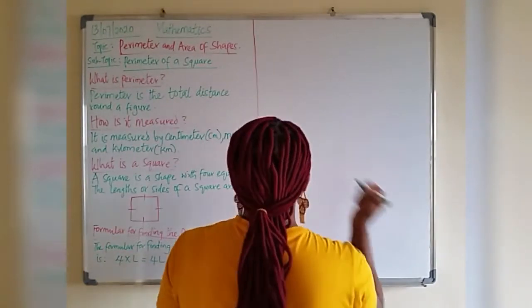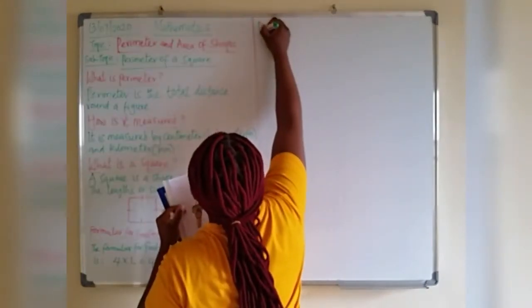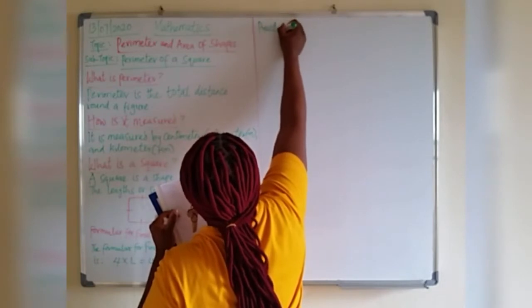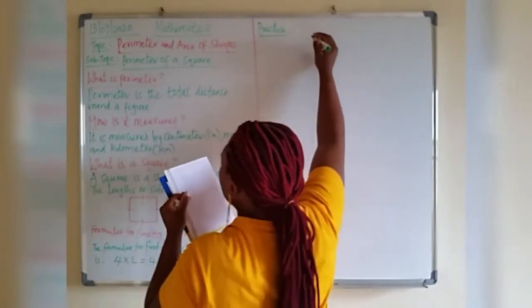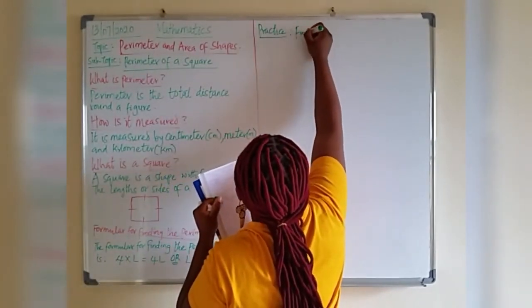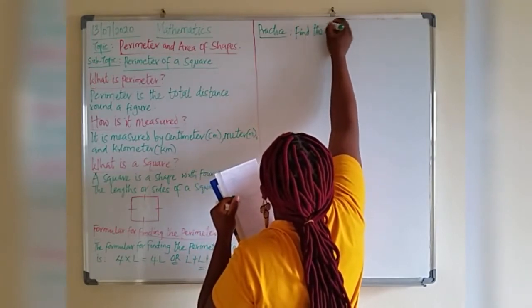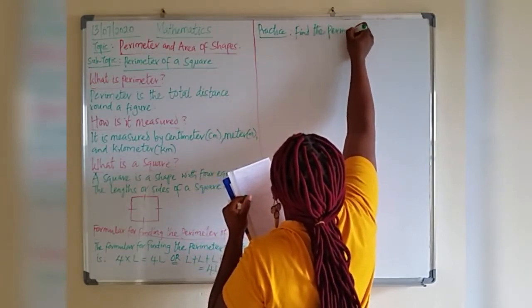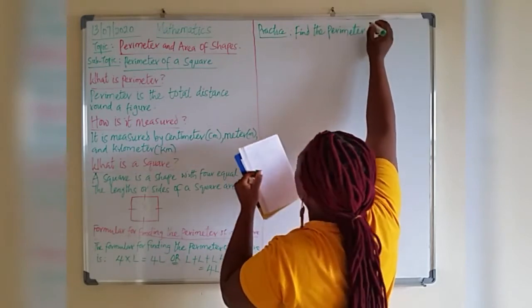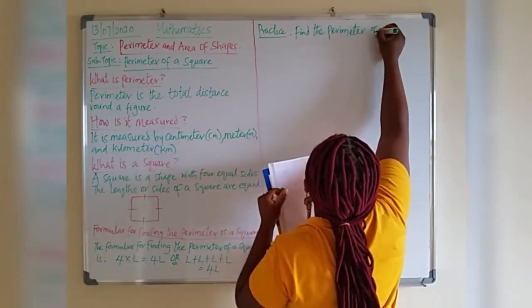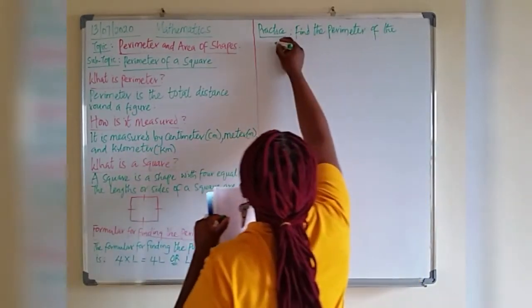Alright, so our practice question says, find the perimeter of the following figures.